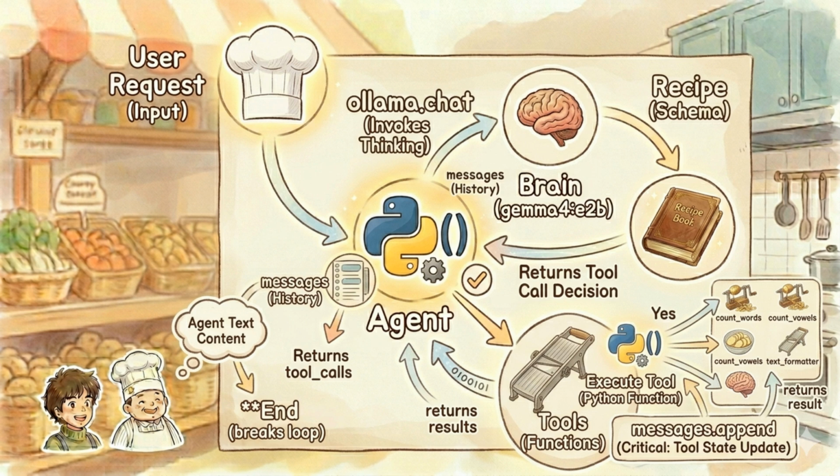This loop keeps running, thinking, acting, and observing until the final function, save analysis, triggers the fryer and writes everything into information.txt. The brain didn't do the physical work, and the chef didn't make the creative decisions. Together, they orchestrated the tools perfectly to give you exactly what you ordered.